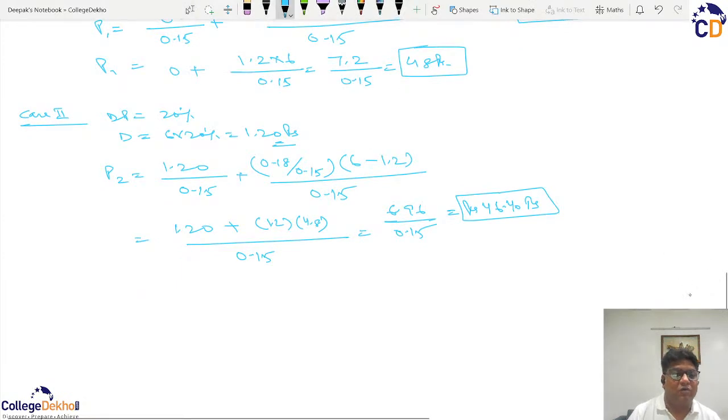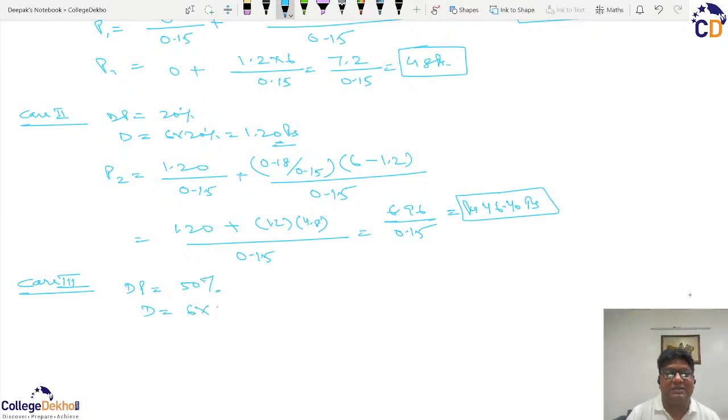Now we come to case 3. Here the DP ratio has been taken to be 50%. So the dividend is 6 into 50%, that is rupees 3.